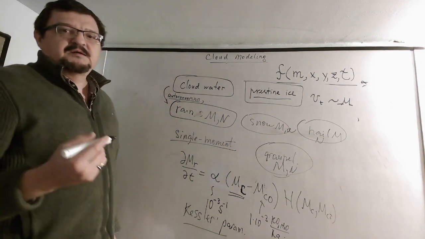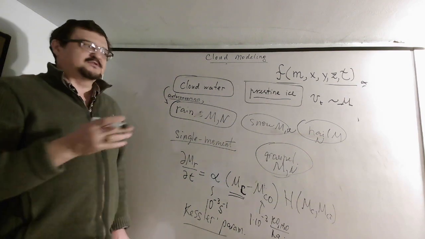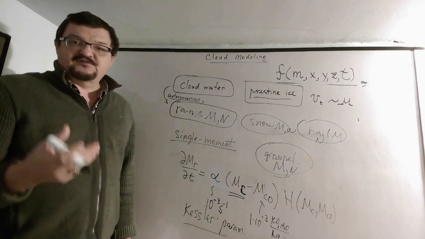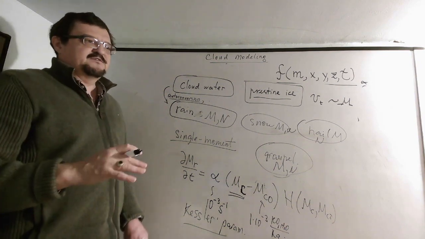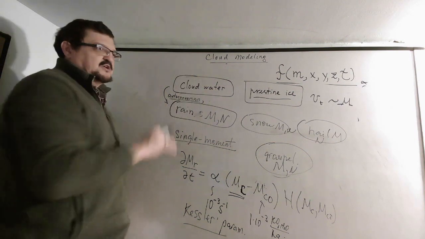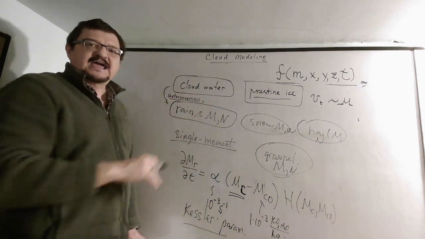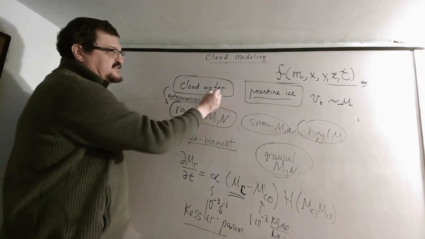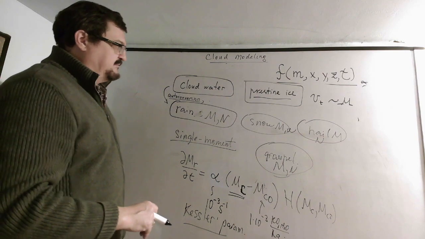There are other more elaborate approaches that take into account the fact that it all depends also on the size of particles, how efficiently you produce rain. If you have bigger particles in the cloud, you produce more rain than if you have all tiny particles, and for that you actually need a second moment, or concentration, to get some idea about this process.